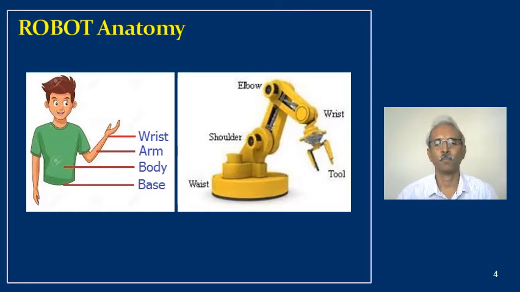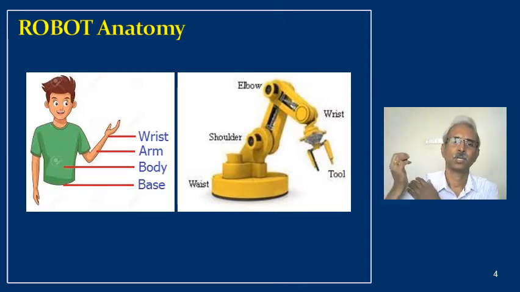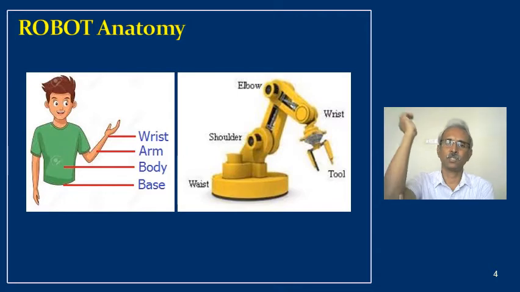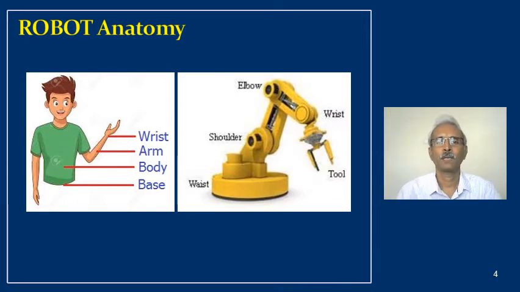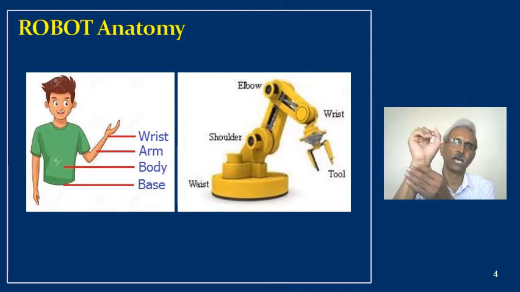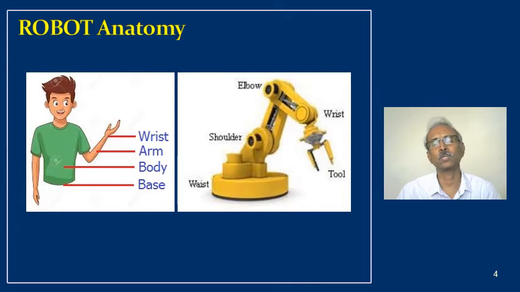Instead you have the arm. So the whole portion is your arm, and comparing with your human one, this is your shoulder, and this is your elbow. So this is your elbow joint, shoulder joint, and this is what I was mentioning about the wrist joint where it gives some movement. So this is the basic anatomy of a robo.